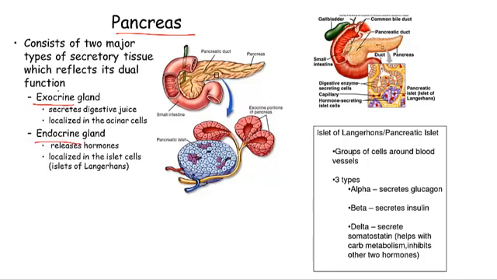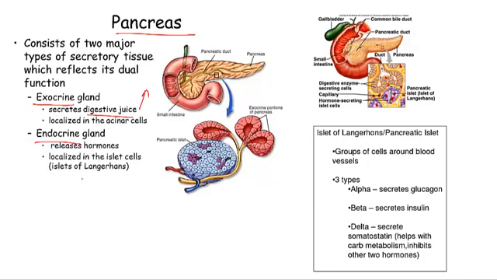The exocrine activity of the pancreas is digestive juice production, and that juice helps us digest proteins and fat. While the endocrine cells present in the pancreas secrete some very important hormones that control the glucose level in our body as well as a few other functions.